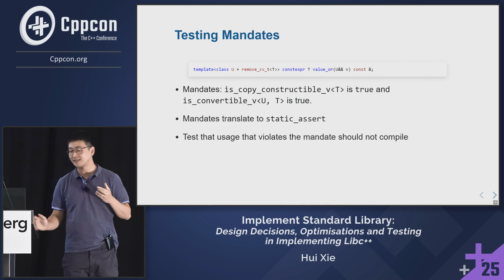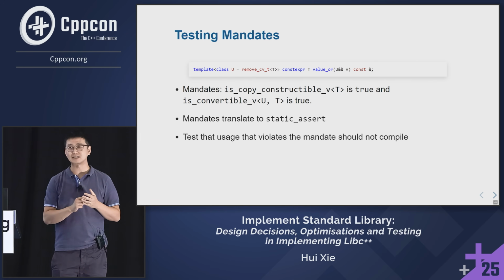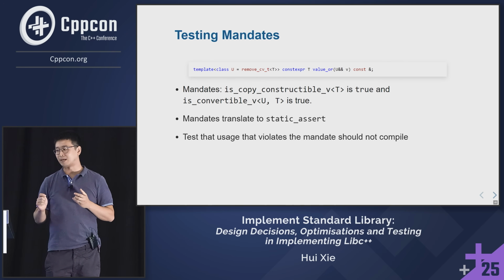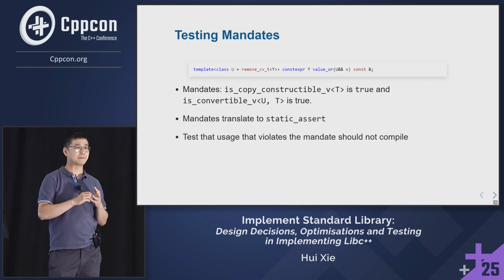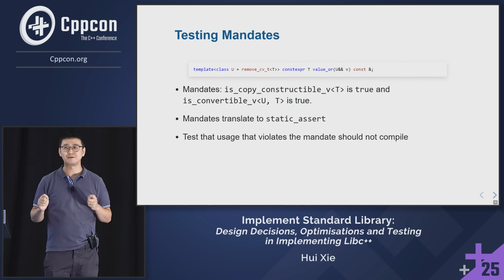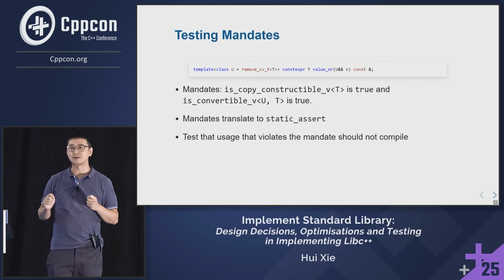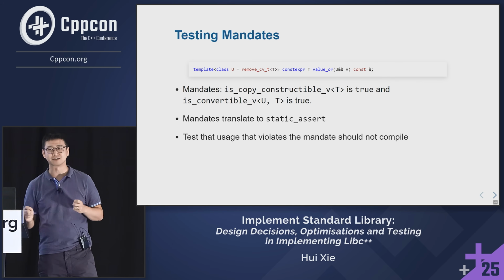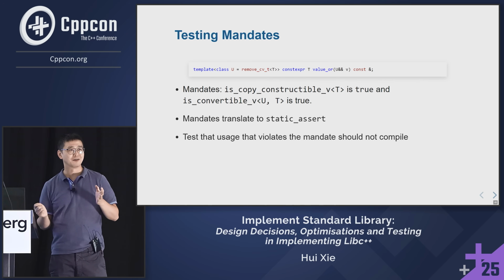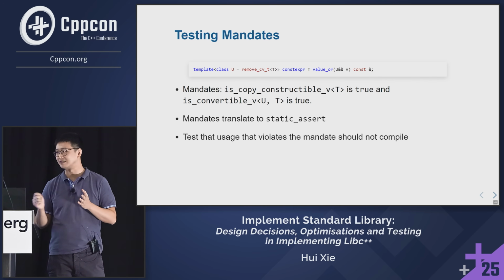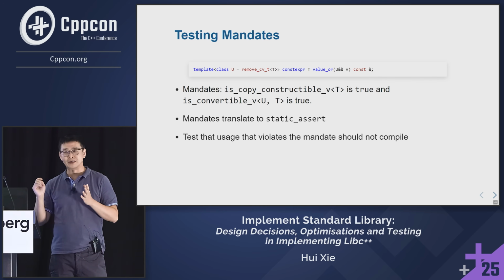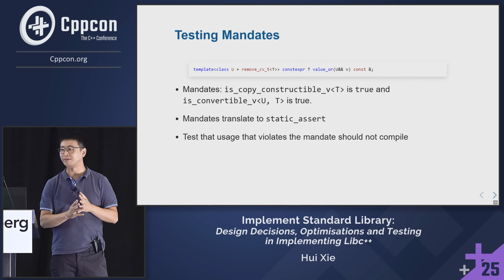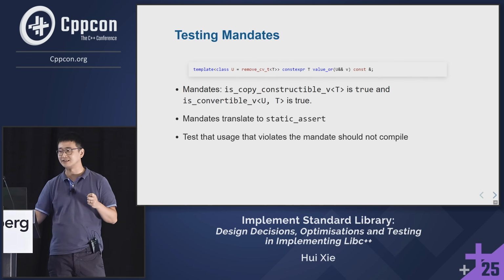We effectively need to test that if you write some code that violates the mandates, this code should not compile. And this is not something we usually do in application code, right? Only in the library implementation do we need to test, because we need to emit static assert at the right place with the right error messages.